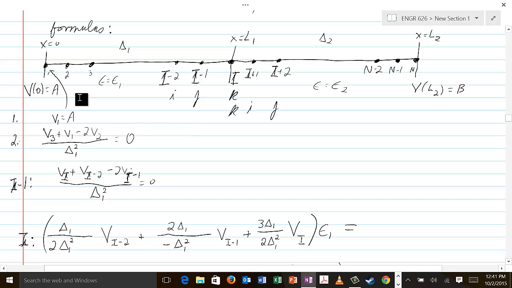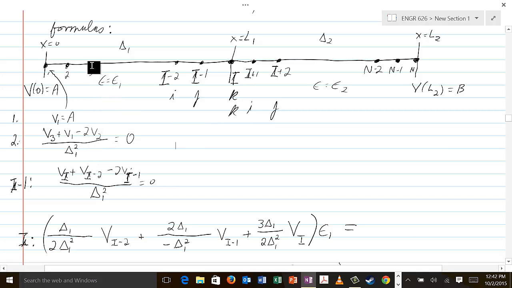at node 1 we have the boundary condition v1 equals a. And then at node 2, node 3, and all the other nodes up to I minus 1, we're just going to have the same kind of equation we had in our earlier projects. For instance, at node 2 we would have (v3 + v1 - 2v2)/delta 1 squared.